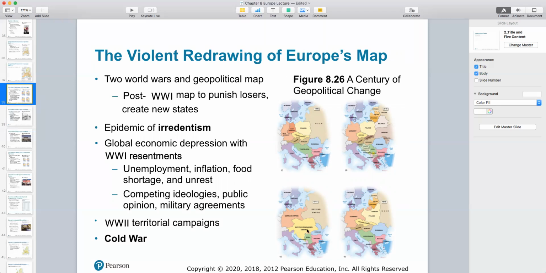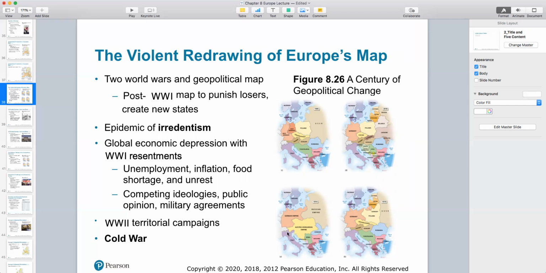In this image in 1914, we see a dominant land area with the Austro-Hungarian Empire here in yellow, and also the German Empire here in orange.